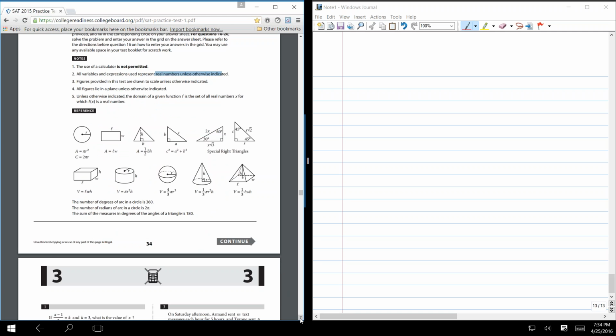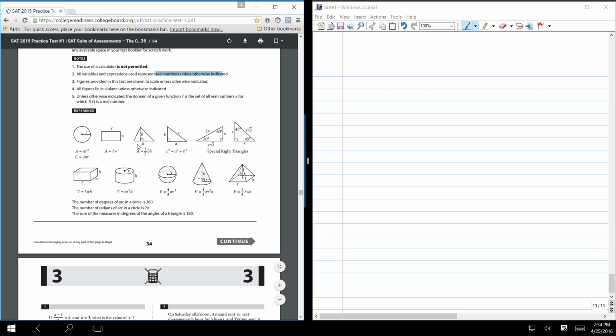You'll notice that one of the differences between the SAT and the ACT is the SAT starts out every math section with all of these formulas. So you don't necessarily have to know or memorize these because you're going to see this list every test, but certainly understand how to work with them.